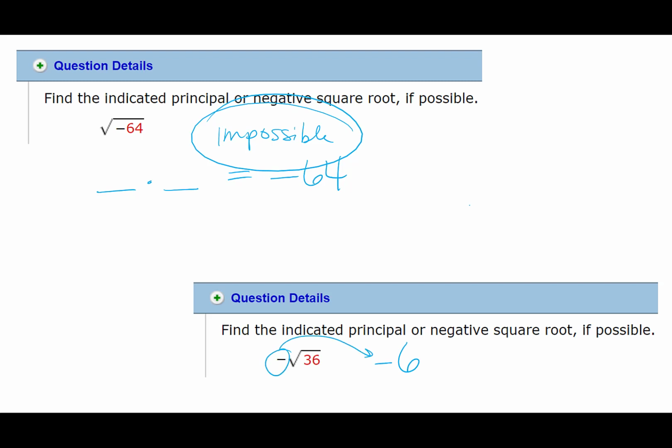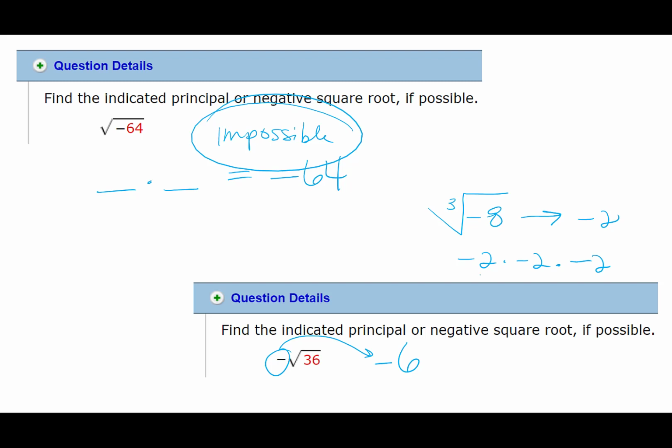I don't have an example typed out, but it would be okay if there was a negative under a cube root. And we did talk about this in class, or perhaps you've watched a video. This would be negative 2, because you can take negative 2 times negative 2 times negative 2, and that produces negative 8. Remember, you just multiply two numbers at a time.